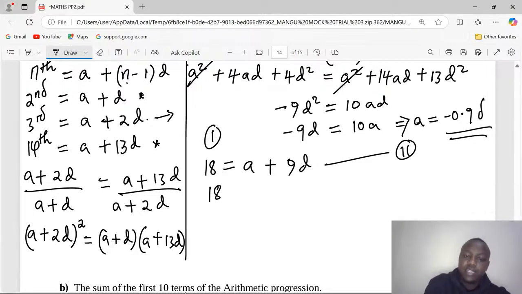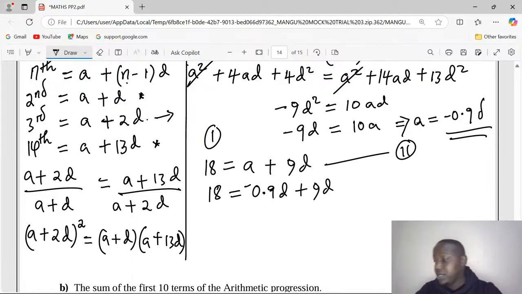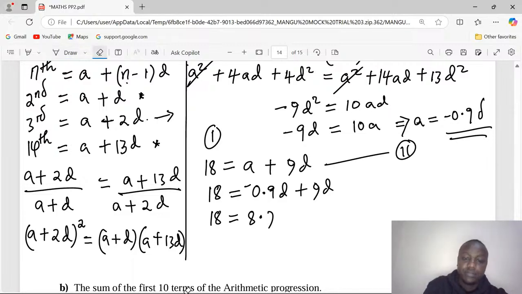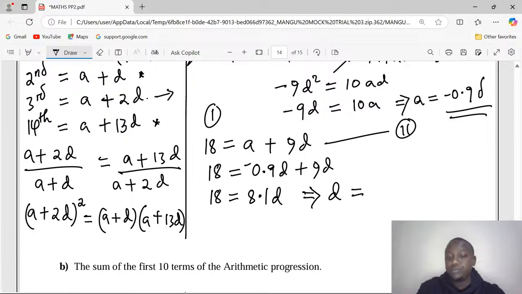So 18 equals negative 0.9D plus 9D. Then this is going to be 8.1D. So the value of D now becomes 2 and 2 over 9.